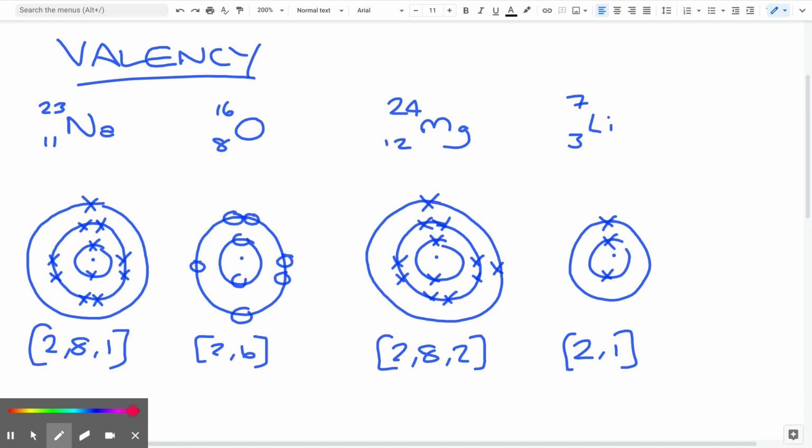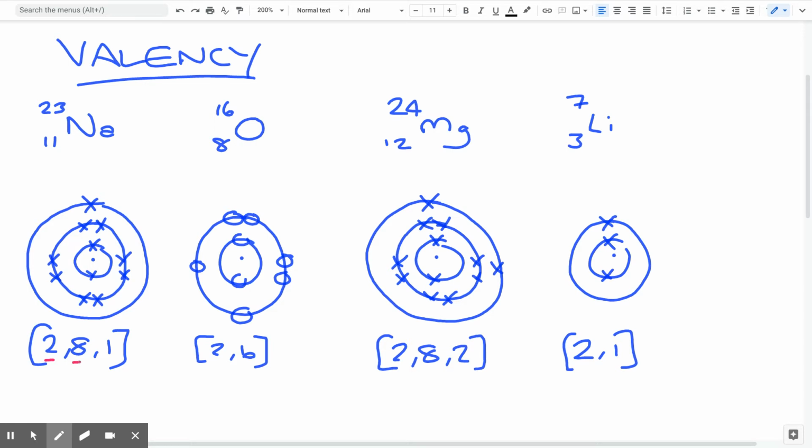And valency is essentially the number of electrons which are required to be lost, so either gained or lost, in order for an atom to get to the closest possible situation whereby each of the electron shells are filled completely. So if we look at sodium's case, the first two shells are completely full.